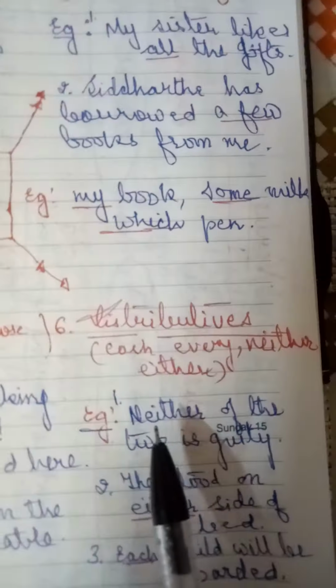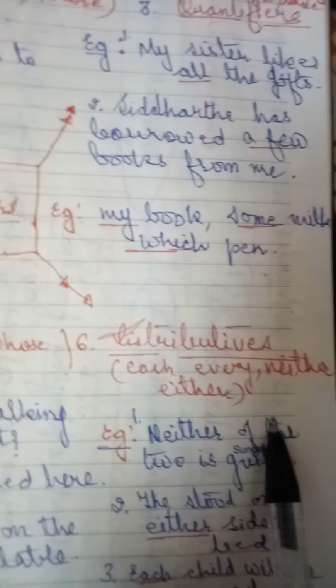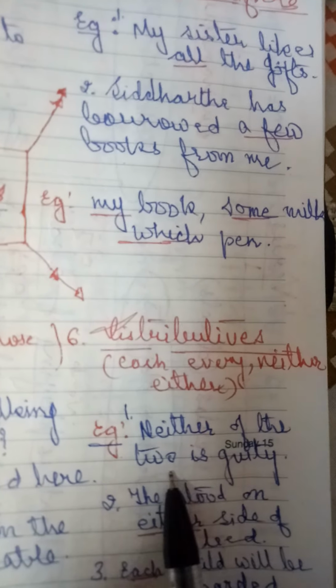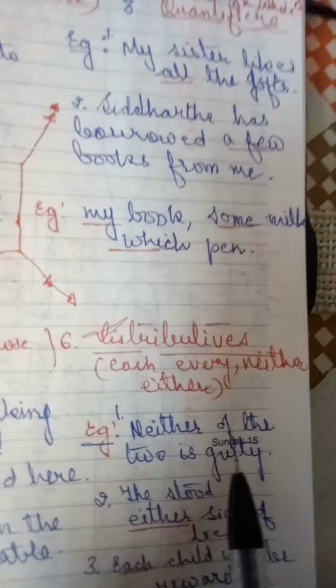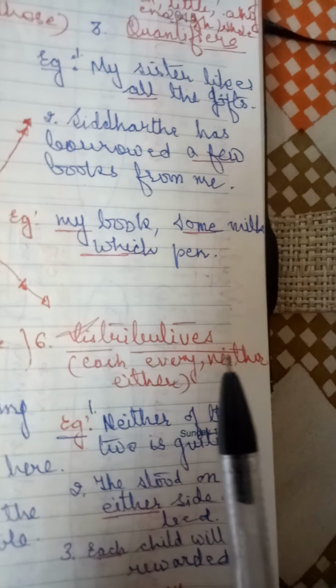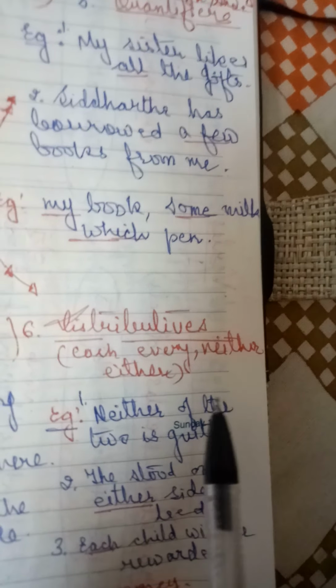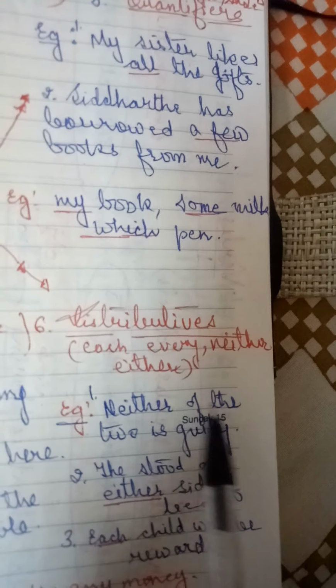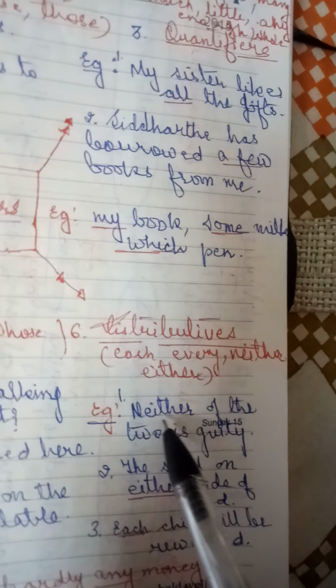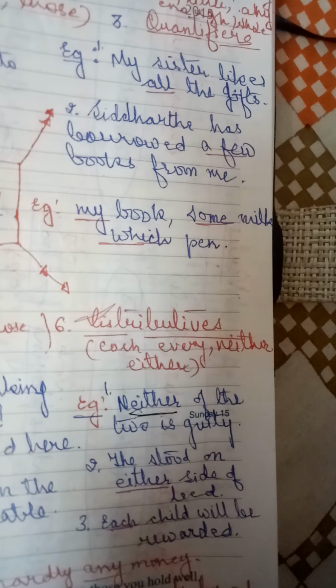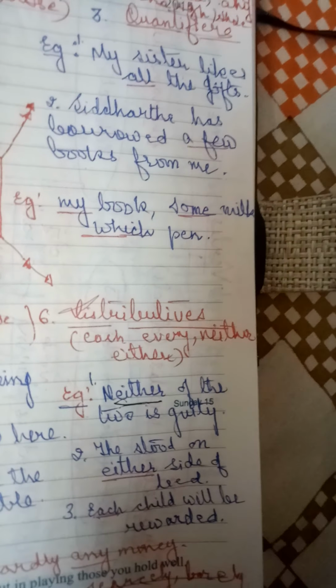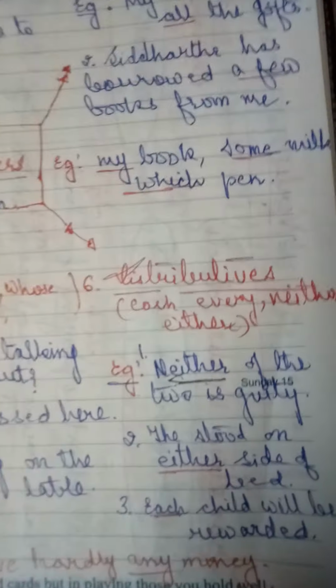Now see, neither of two is getting the prize, or neither of two is guilty. Here we are talking about two persons, like neither this nor that.